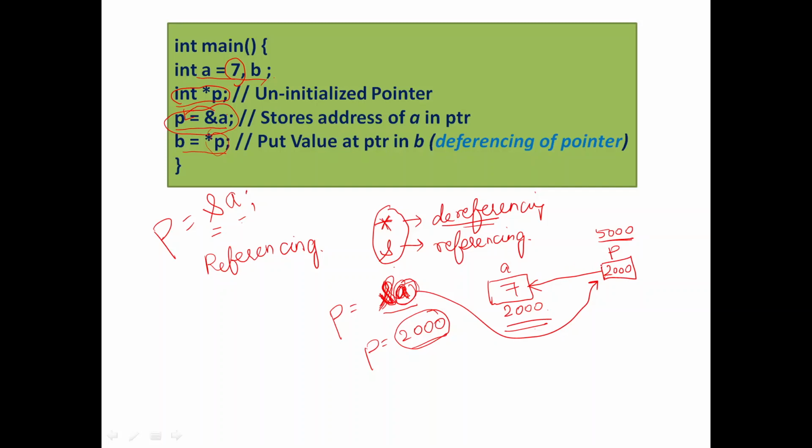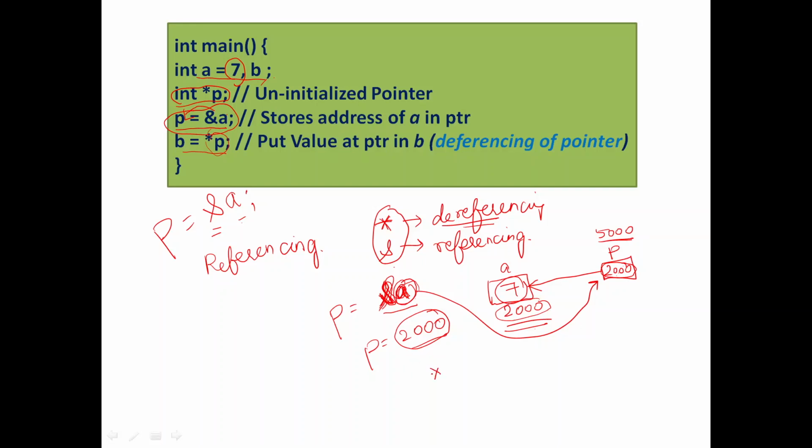Whenever we use the dereferencing operator preceding the pointer, it will directly point to the value present in this address. Here the address stored in p is 2000, so it will directly go to the address 2000, find the value inside that address and return that value. So we call star a dereferencing operator.